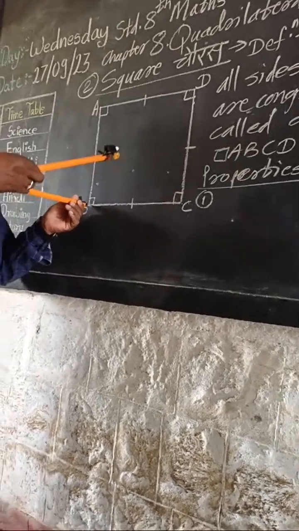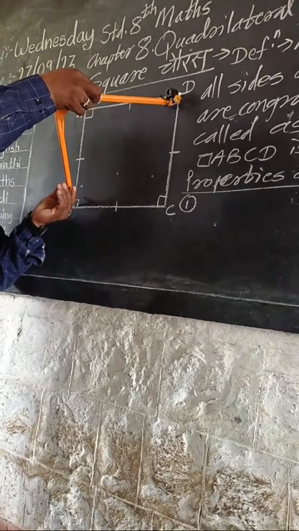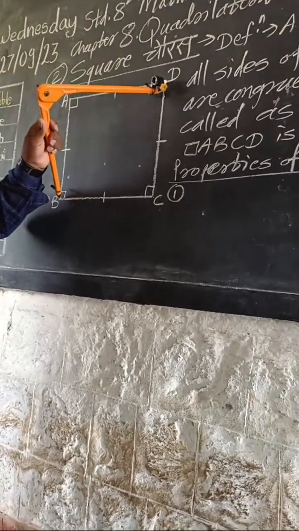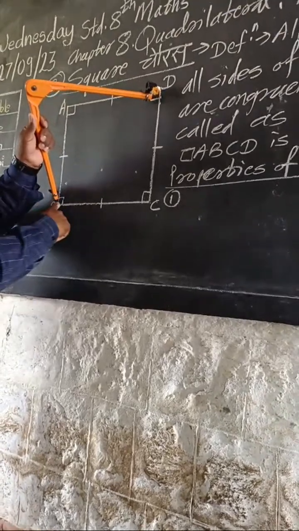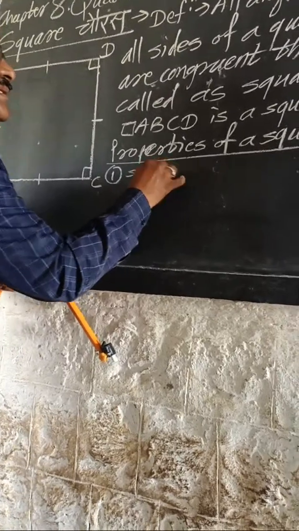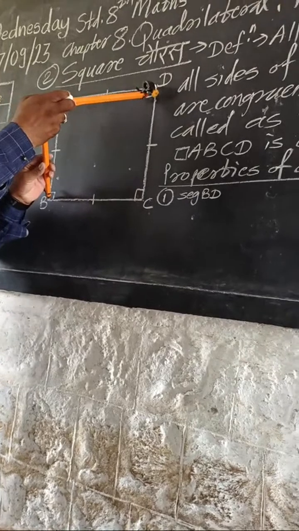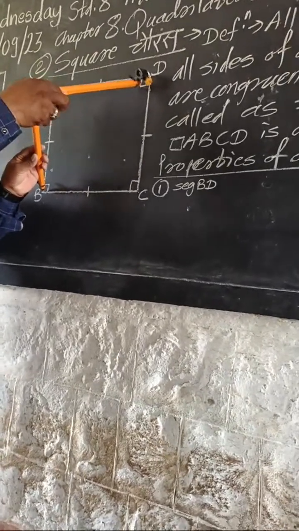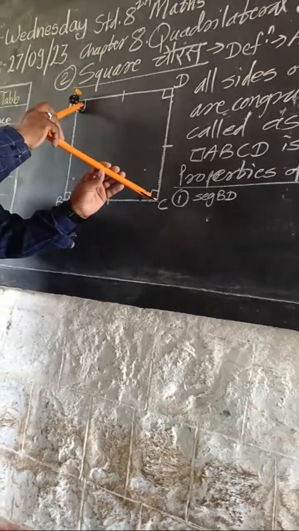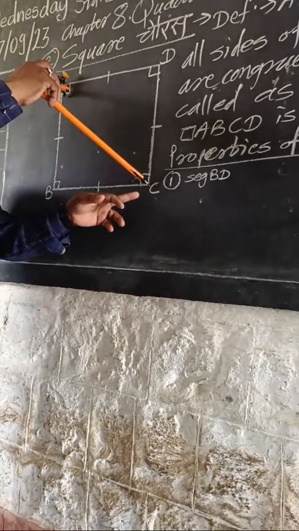What is the name of the first diagonal? Who can tell the name? Yes, segment BD. Segment BD is a diagonal and we measure its length, and we measure the other diagonal's length also.